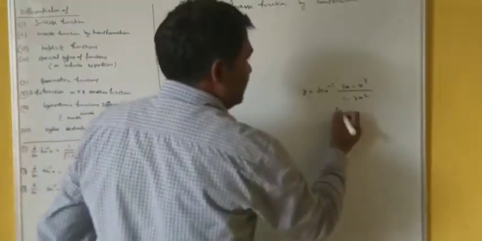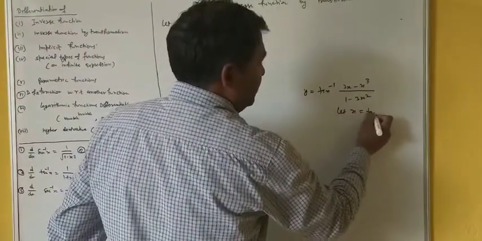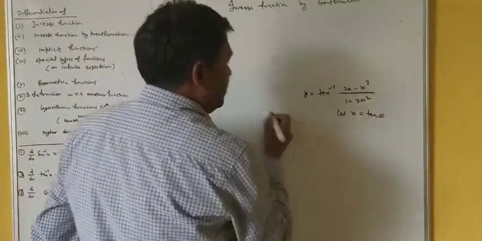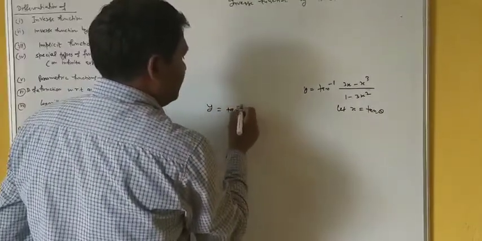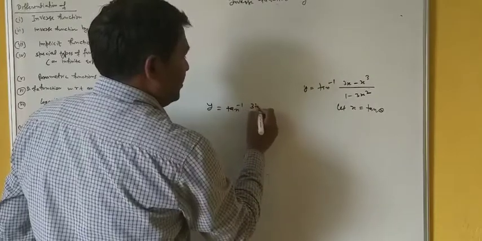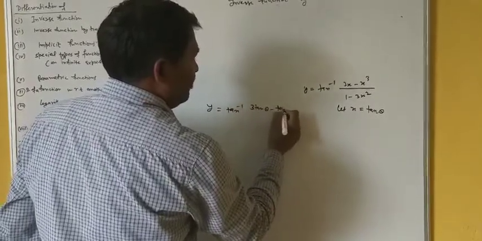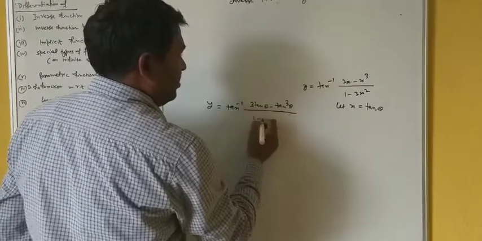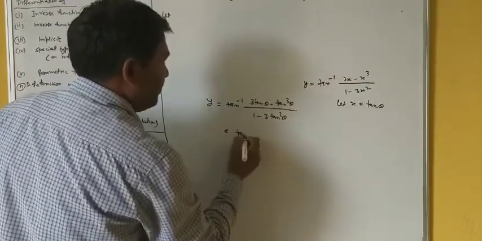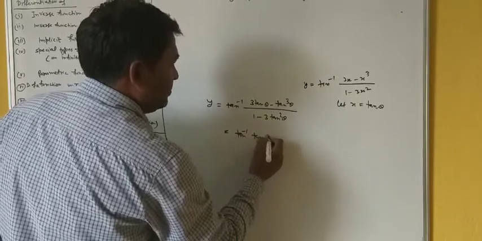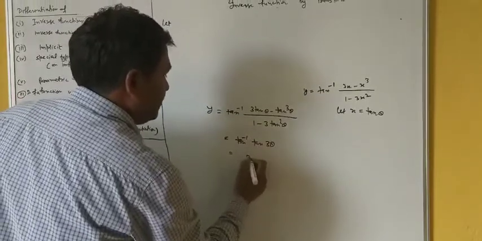So again let x be equal to tan theta. So what will it be reduced to? It will be reduced to tan inverse of 3 tan theta minus tan cube theta upon 1 minus 3 tan square theta. This is the formula of tan 3 theta, so this implies 3 theta.